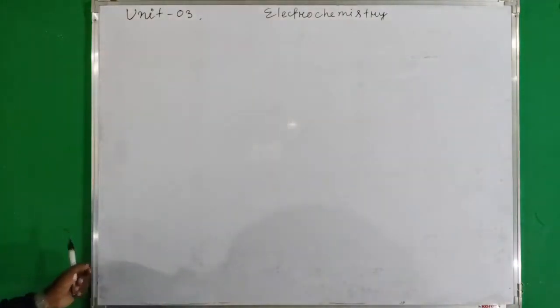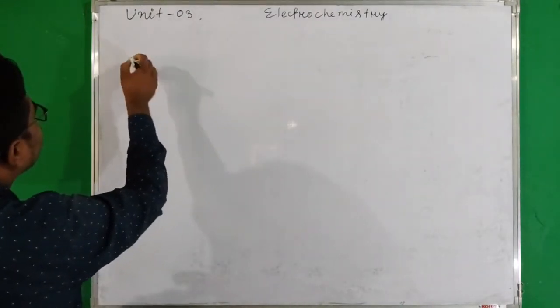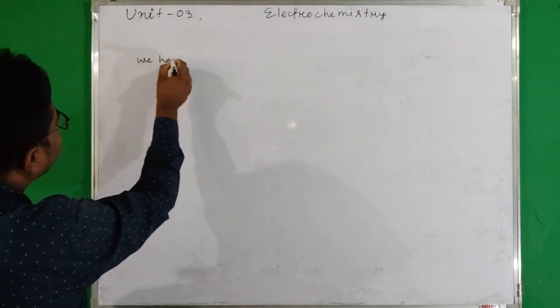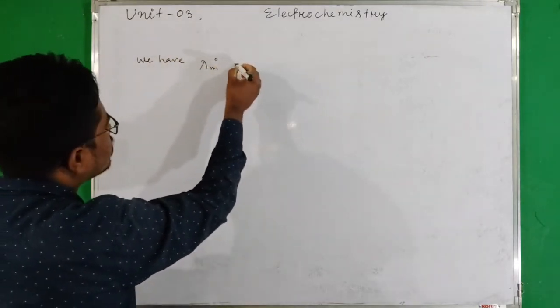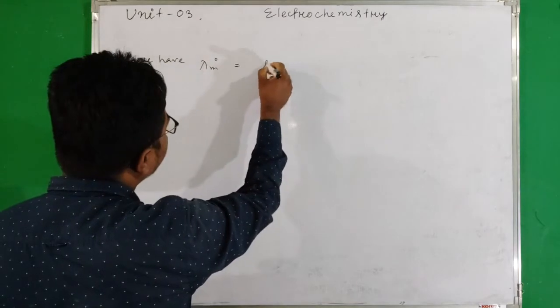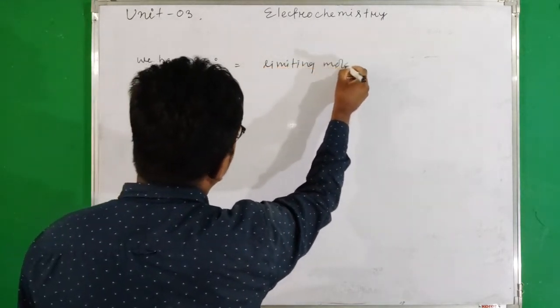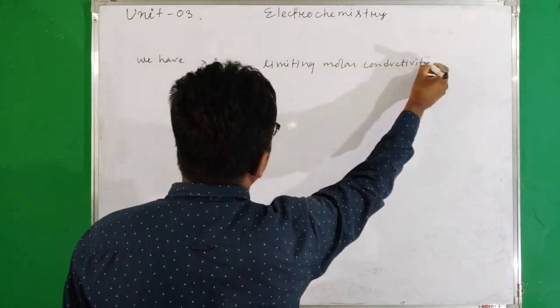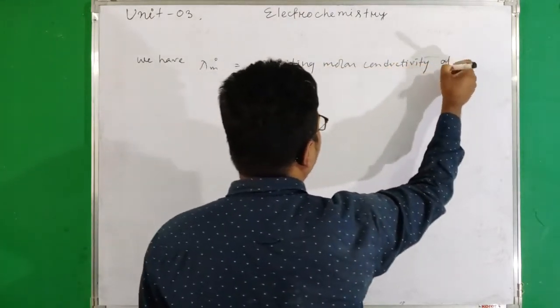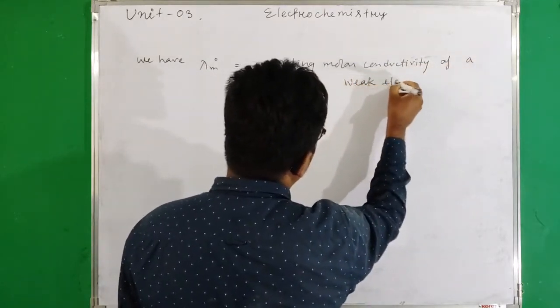Okay, so suppose we have lambda m naught which is equal to limiting molar conductivity of a weak electrolyte.